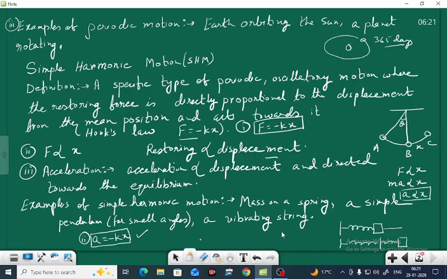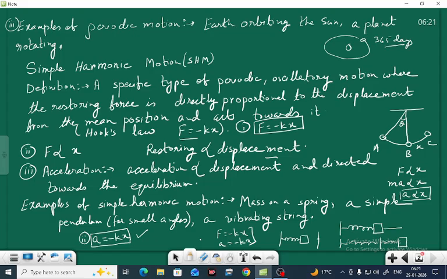Or if we compress this spring about the equilibrium position, it also executes simple harmonic motion, and it follows the relation F equal to minus kx, or a equal to minus kx. That is, acceleration is directly proportional to displacement.